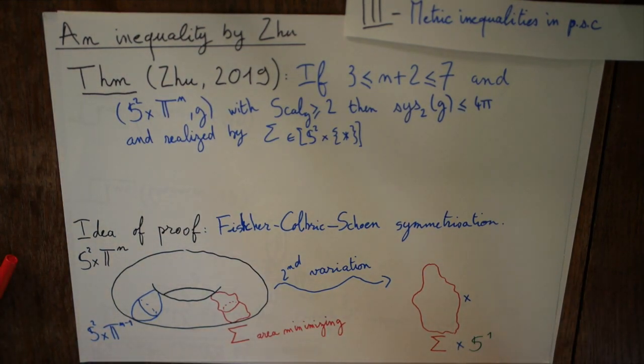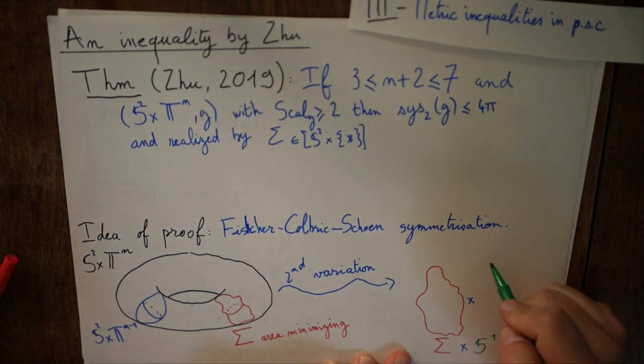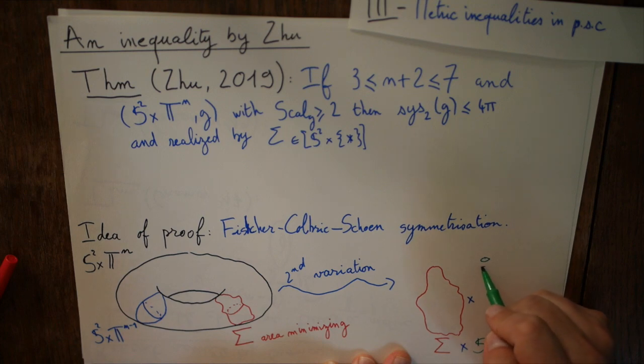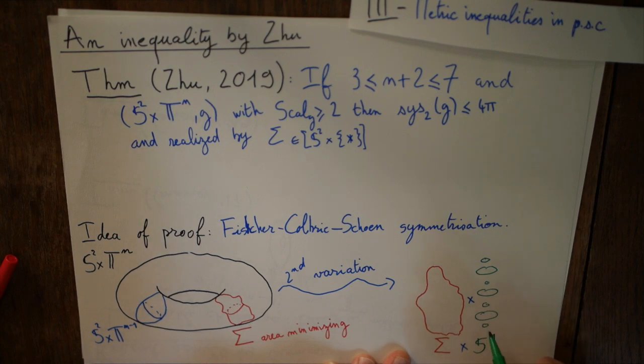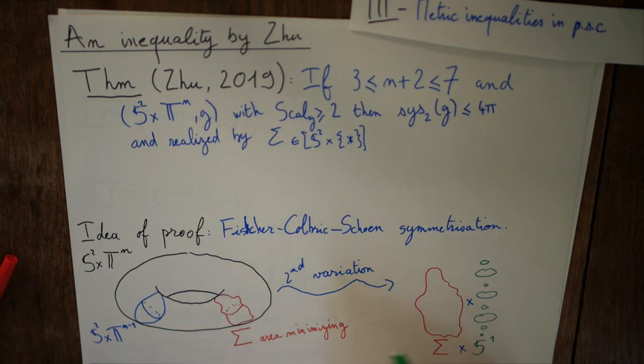And so I'm being pretty vague, and this is where the second variation enters. The length of the circle that we put on top of it will be governed with the right power by the first eigenfunction of the second variation operator.